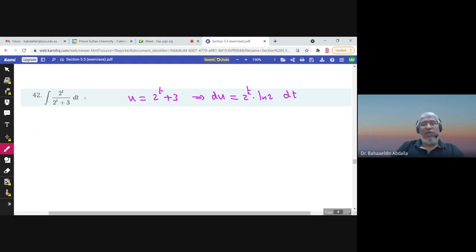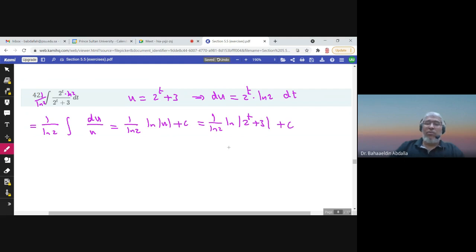I have 2 to the t times dt, I need ln 2. 2 to the t ln 2 dt is just du, and this is u. U is 2 to the power t plus 3. So that's the answer.